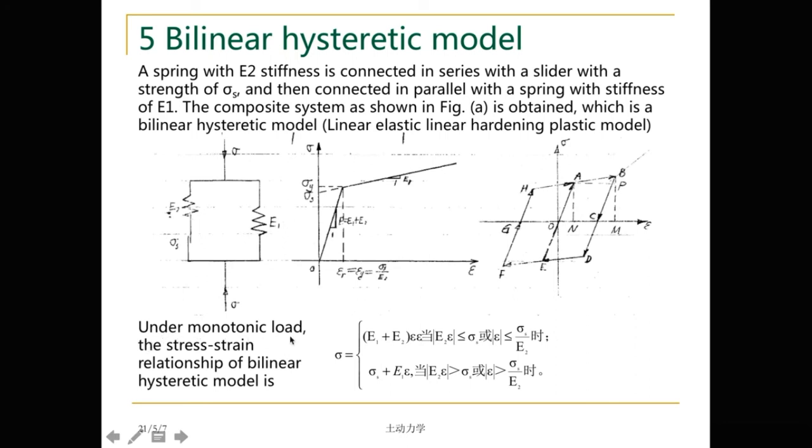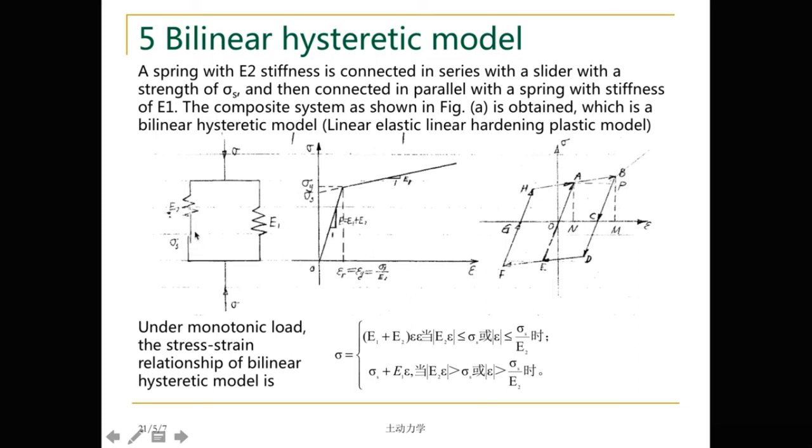Under monotonic load, the stress-strain relationship of the bilinear hysteretic model is given as this. First, let's analyze. In the beginning, when we apply load on it, the load divides into two branches. In the left branch, if the stress is not larger than the strength of the slider, the slider is locked, so there's no deformation in the slider.